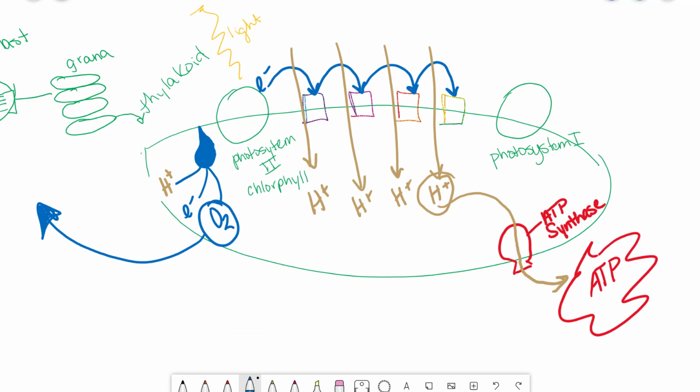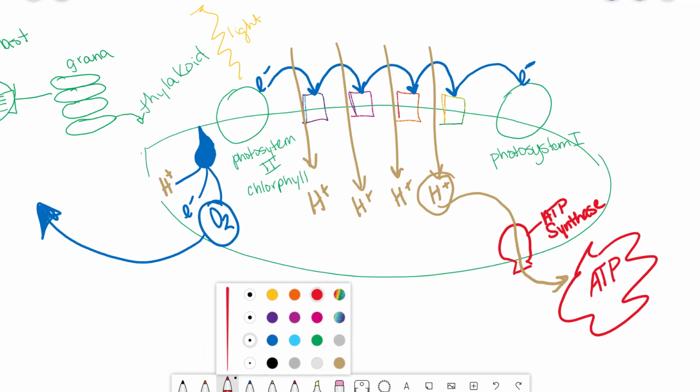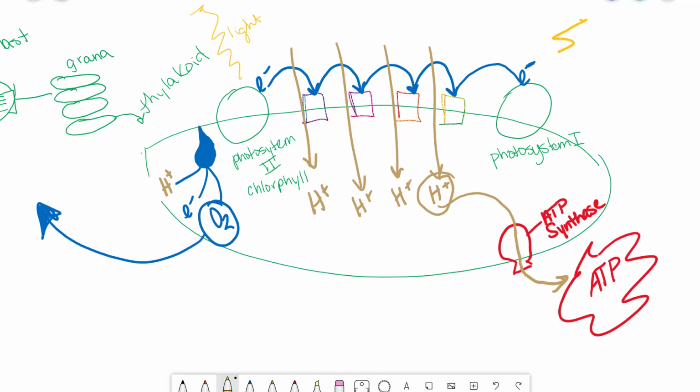And again, the electron here is tired. Now, in the electron transport chain, we have oxygen come and accept this electron and turn into water, but we're not going to do that here. We're actually going to take the sun and re-energize this electron.